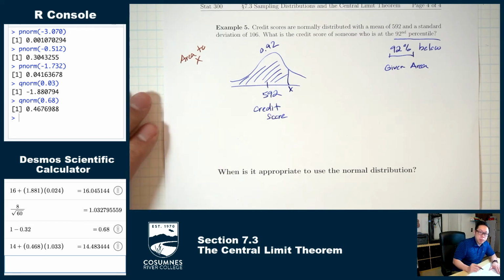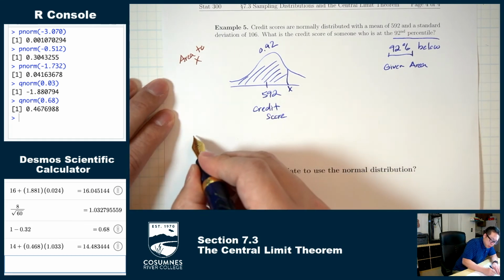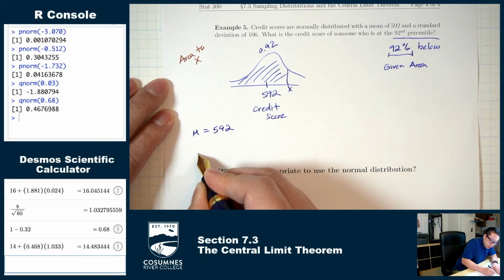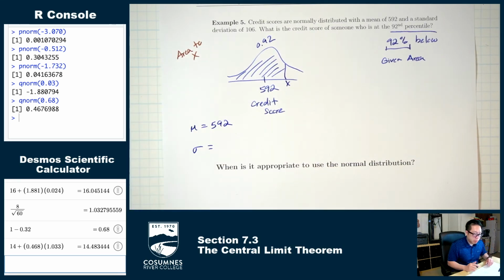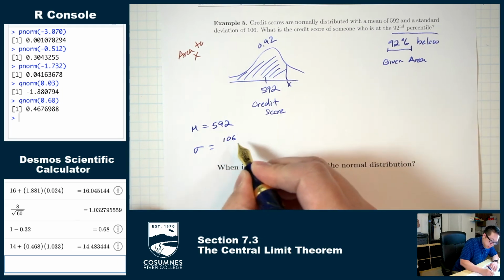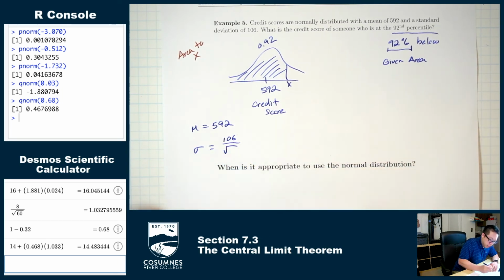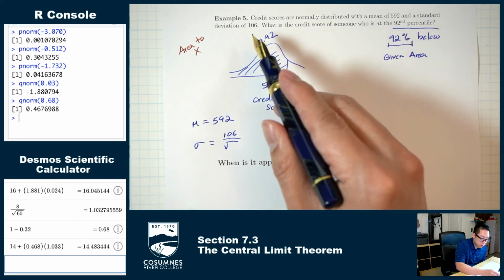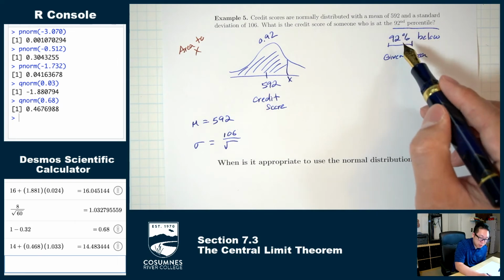Okay, let's write down the mean and standard deviation. The mean here is 592. Standard deviation 106. What's our sample size? It's not there, right? 592 we used, 106 we used already, 92% we used already.